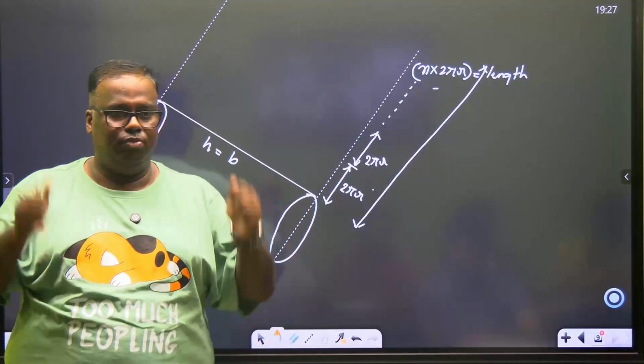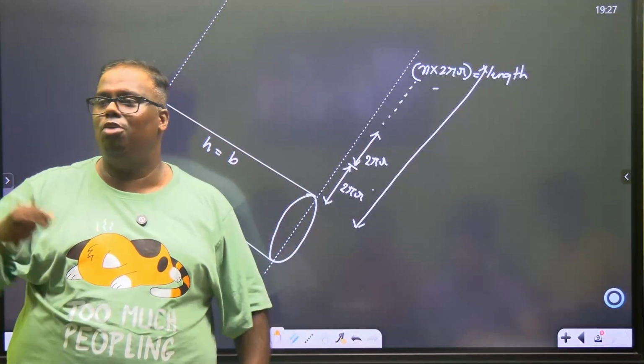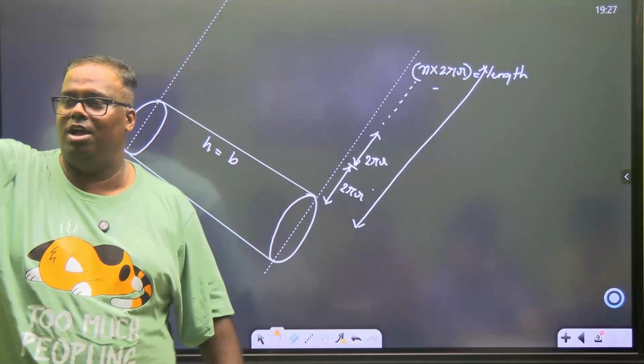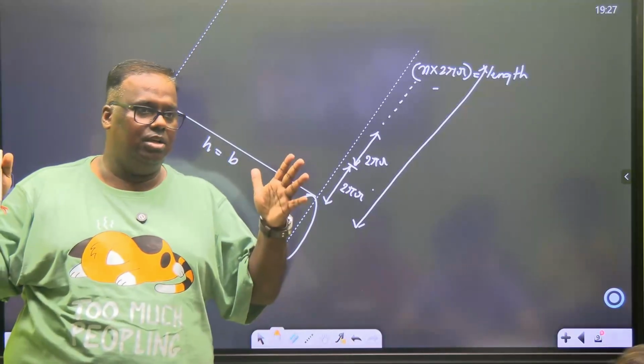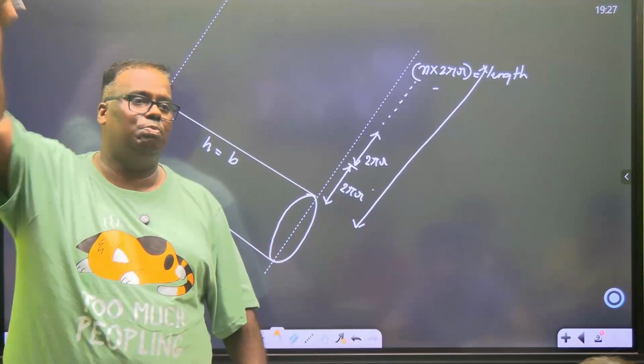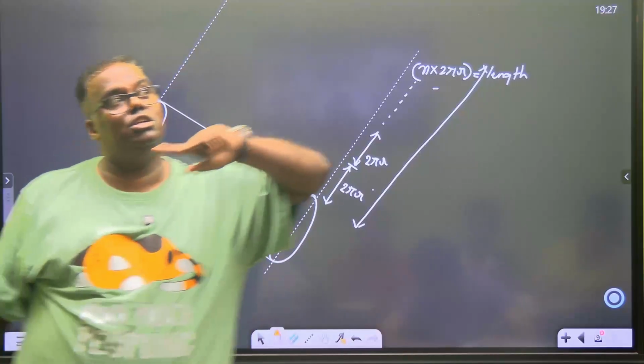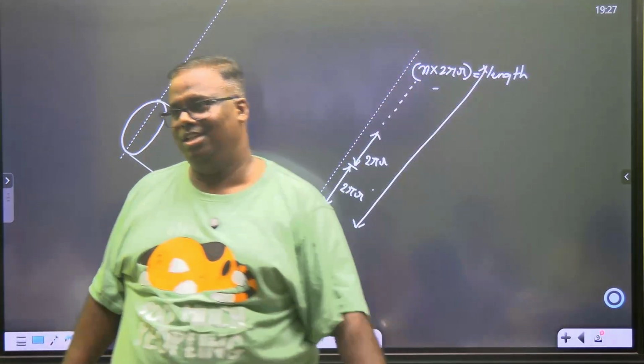Sometimes they may say, how far is the kite? Every rotation of the kite's thread drum, you're releasing how much thread? 2 pi r. So after 1600 revolutions, how much wire has gone out? 1600 into 2 pi r. That is how far your kite is, considering that the kite is exactly on a straight line.